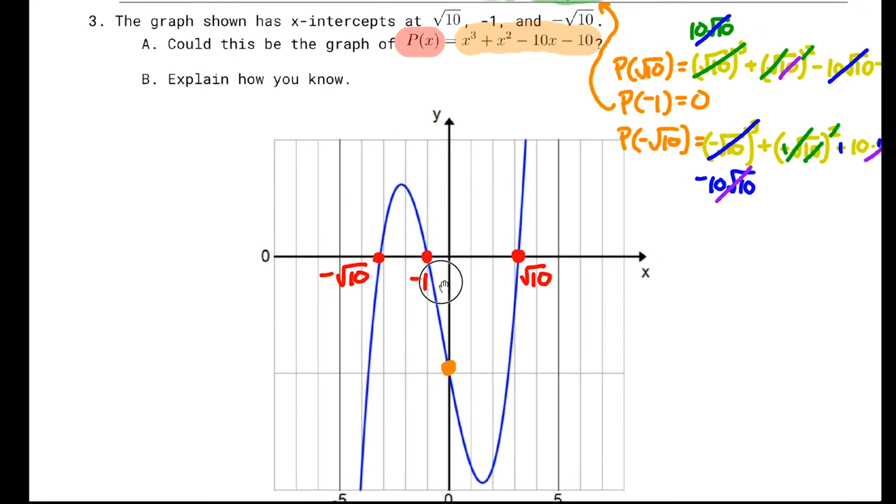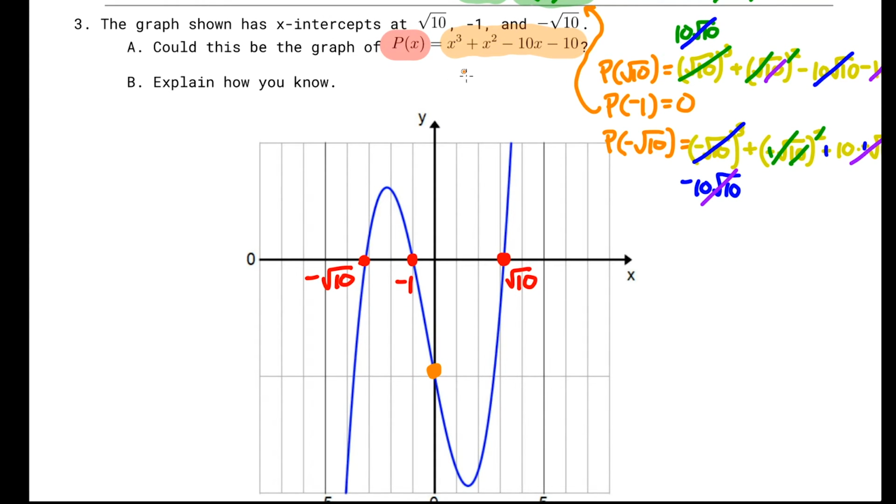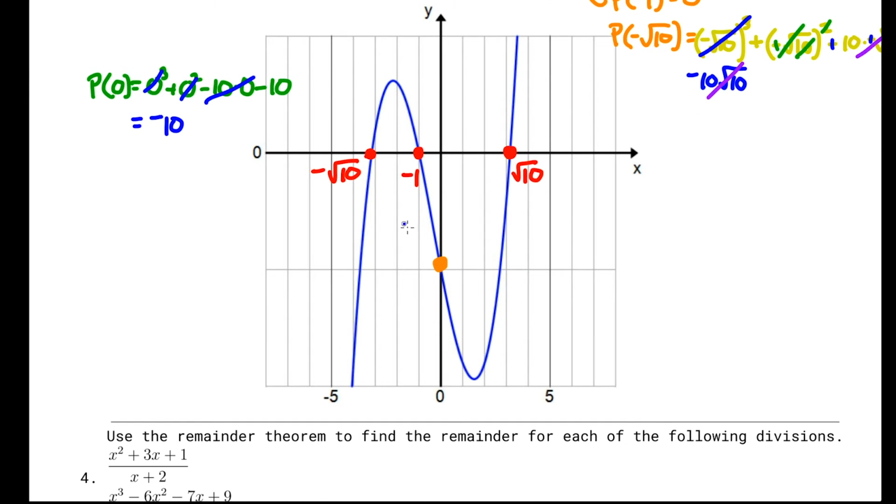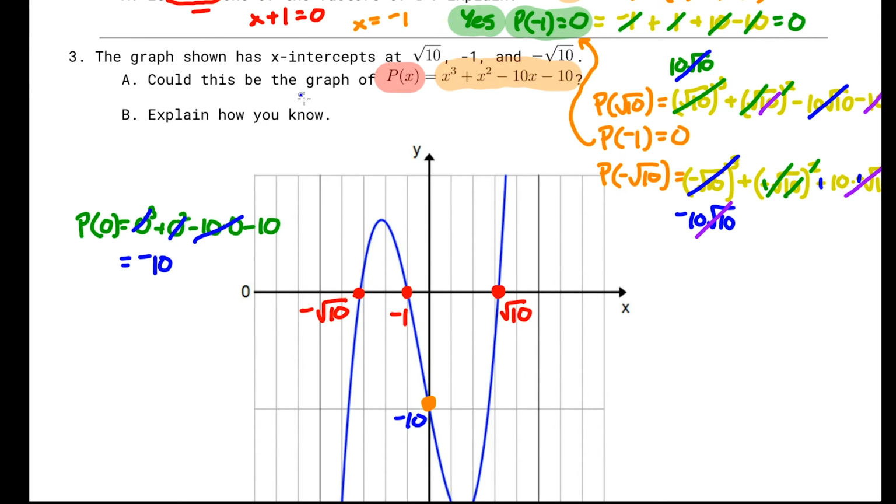So if you plugged in 0 for x, p of 0 is equal to 0 cubed plus 0 squared minus 10 times 0 minus 10. Well, 0 and 0 and this is 0, so you're left with negative 10, which does work out with what the graph looks like. This could be a negative 10 right here. So could this be the graph? I would say yes.